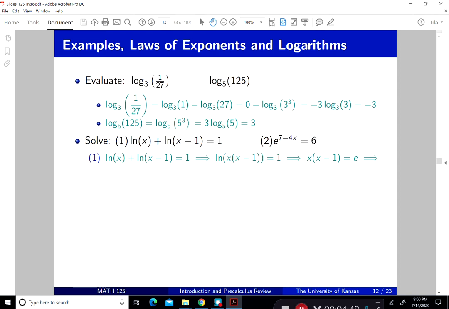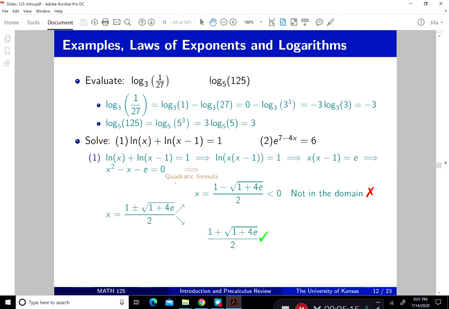At this point, we don't actually have a natural log anymore, and this becomes a polynomial equation. The polynomial is of degree 2 because it's x times x minus 1. Degree 2 polynomial means a quadratic equation. So rewrite it as a quadratic equation, and it's x squared minus x minus e equal to 0.